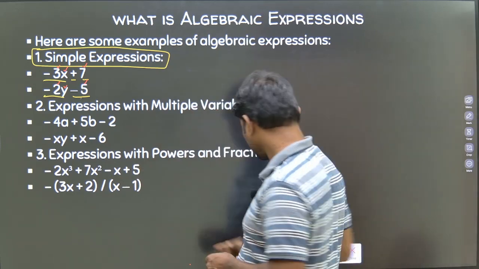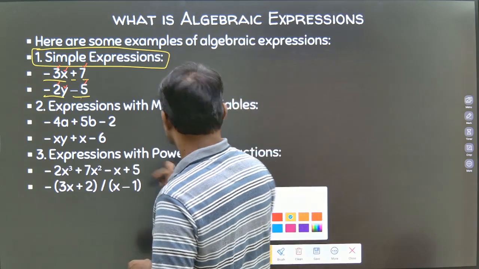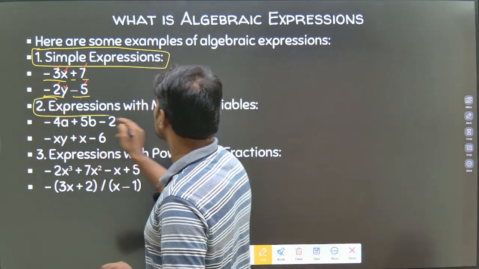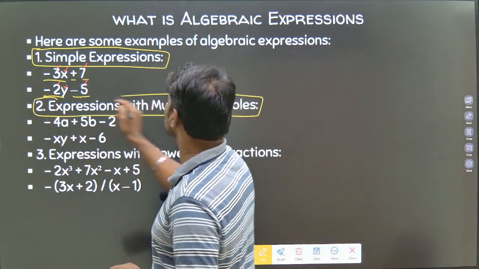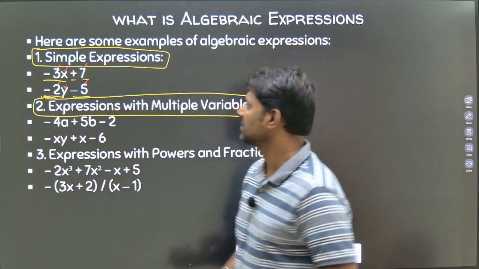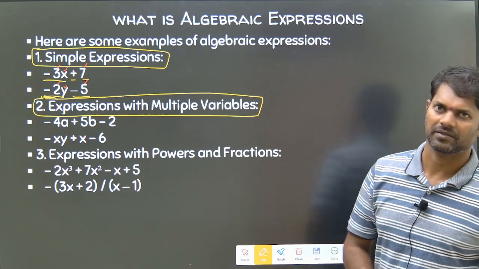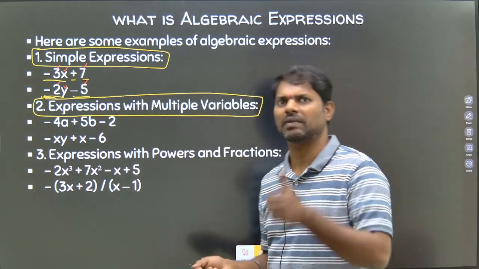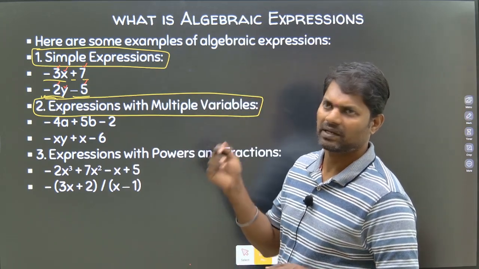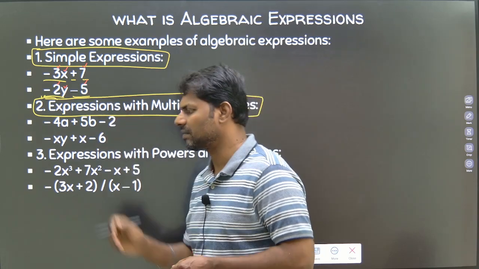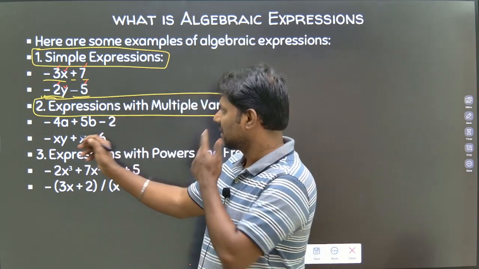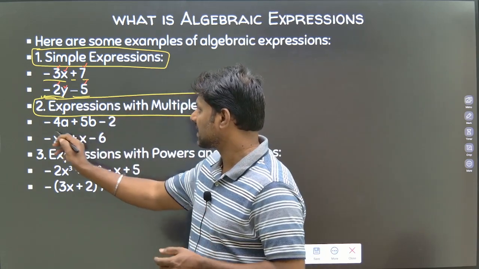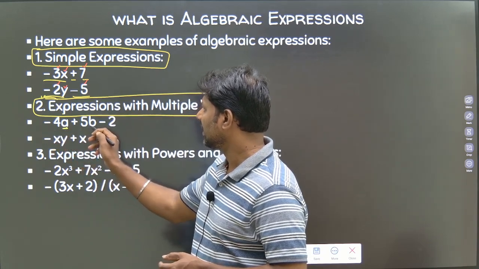Next, second type, expression with multiple variables. In the previous two examples, there was only one variable. In the first, variable x is there, in the second, variable y. Here two variables are there, a, b.